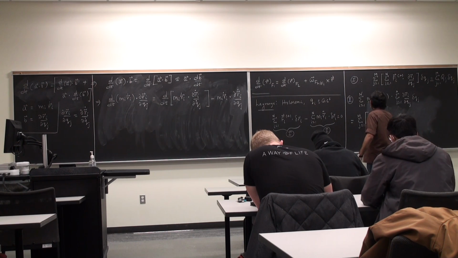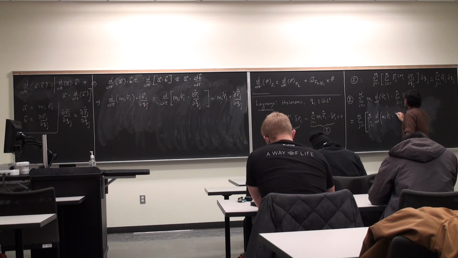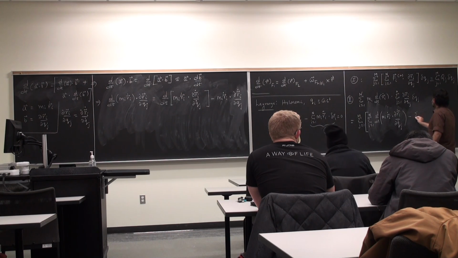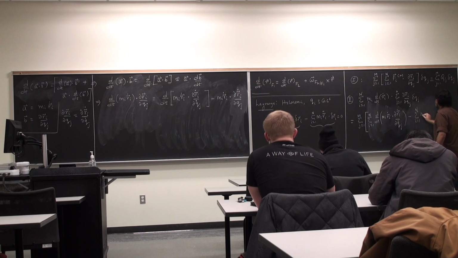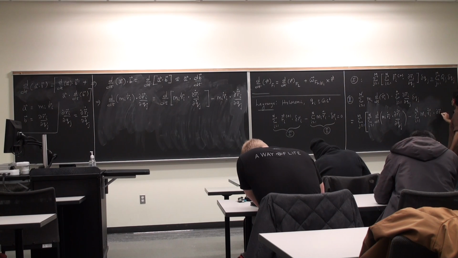So this is summation i 1 to n d by dt of m_i R_i dot, del R_i dot by del q_j dot, minus summation i is equal to 1 to n, the last one, m_i R_i dot dotted with del R_i dot by del q_j, del q_j.